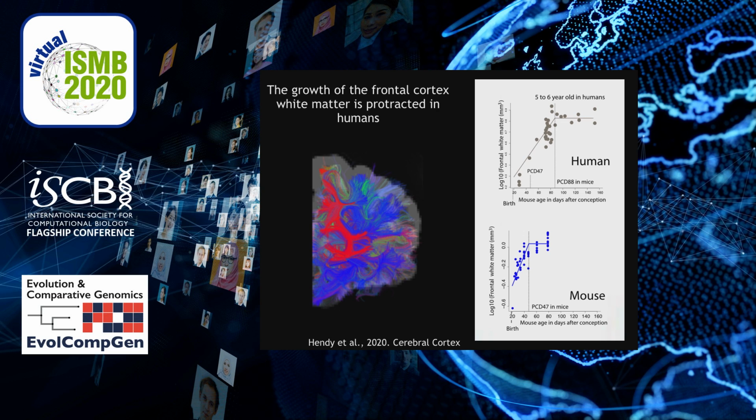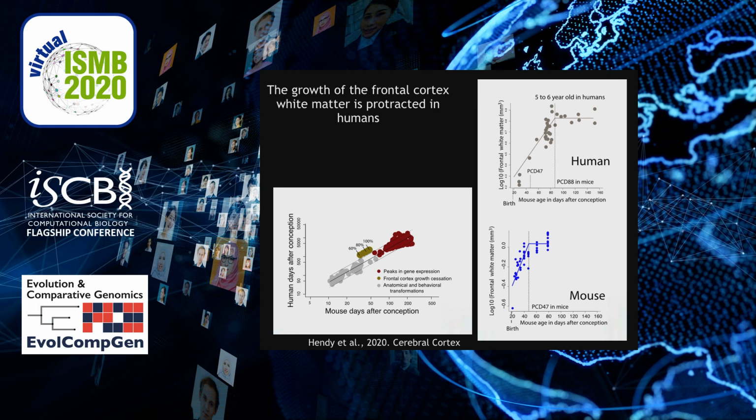So what we did is we captured epochs from these growth trajectories, asking when does the frontal cortex reach 100% of its adult stature, or 90%, or 80, or 70%, and we compared that to the timing in peaks in gene expression and anatomical and behavioral transformations.